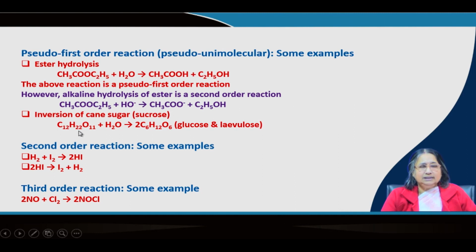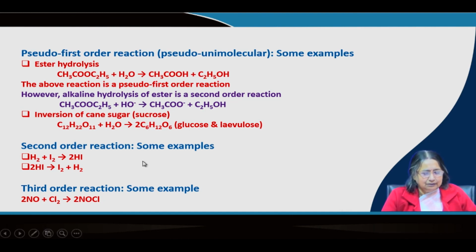Starting with a dextro rotating molecule, you get back a levo rotating molecule. That is why it is called inversion of cane sugar. You are getting molecules which are glucose and levulose. These two molecules finally will give the inversion, meaning the optical rotation will change. I am not going into details. Now, these are the examples.